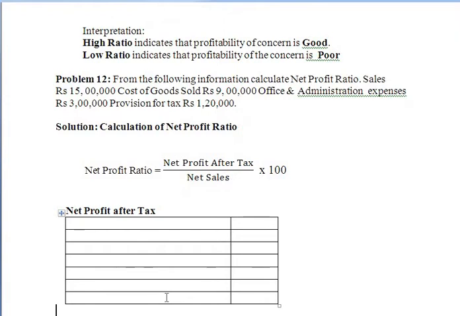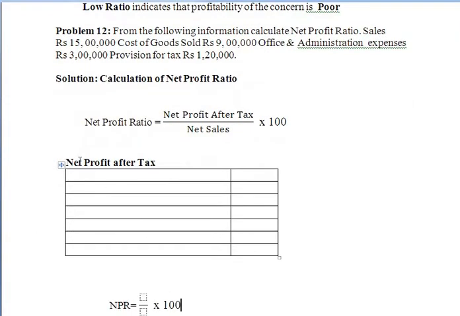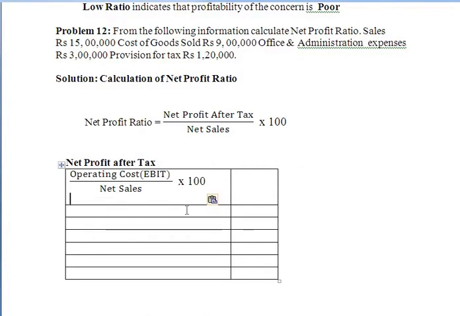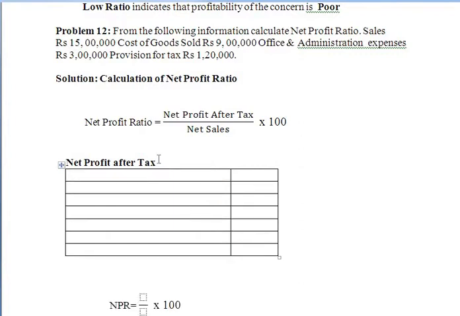So next line, write calculation of net profit. To calculate net profit, we use the usual income statement format. First we have to take the sales, then less cost of goods sold, which is given. So write sales. What is the amount of sales? 15 lakh.